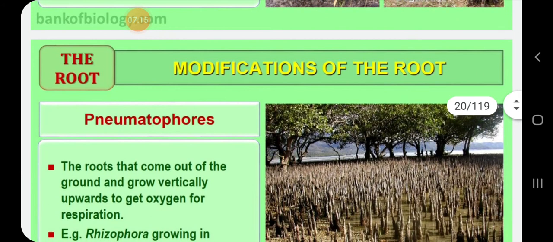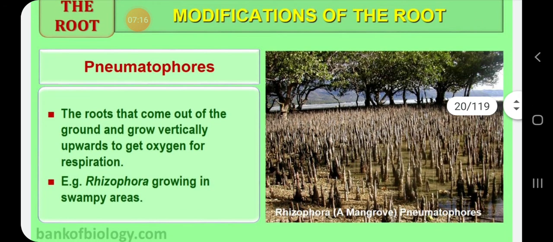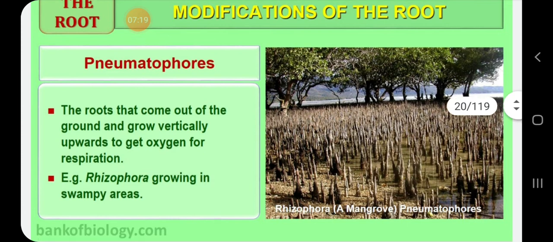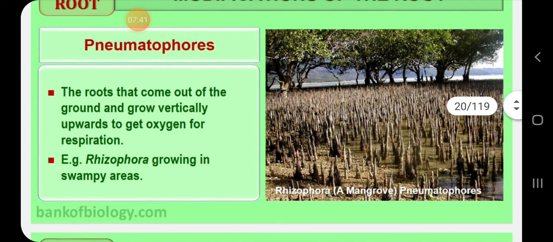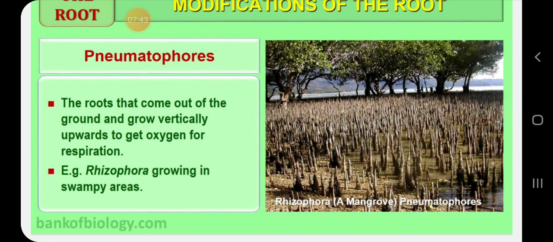Now the modification of roots called pneumatophores. Here the roots, instead of growing in the direction of gravity, grow in the opposite direction to gravity. These roots come out of the ground and grow vertically upwards to get oxygen for respiration.